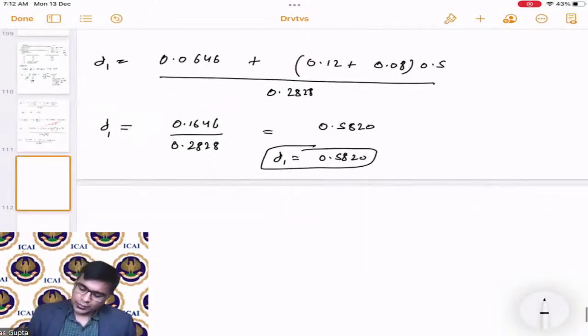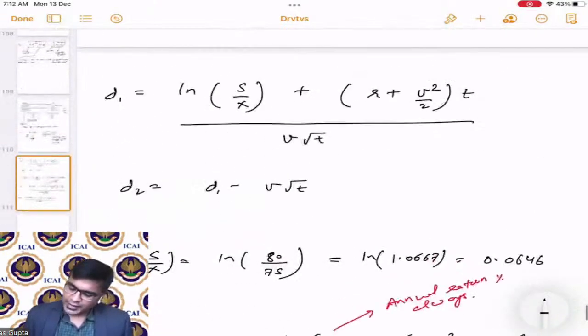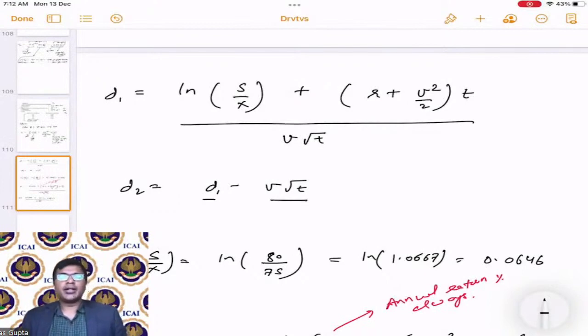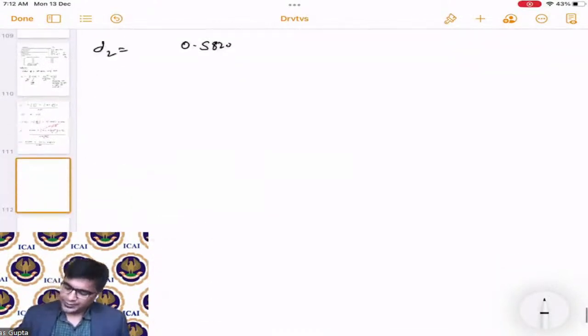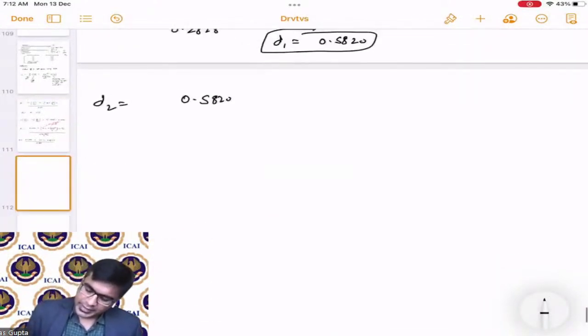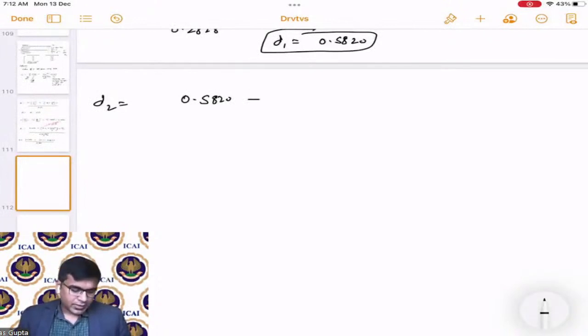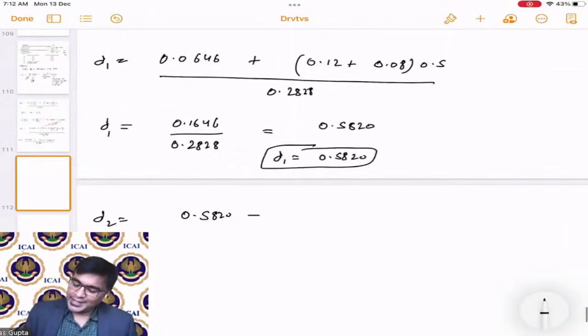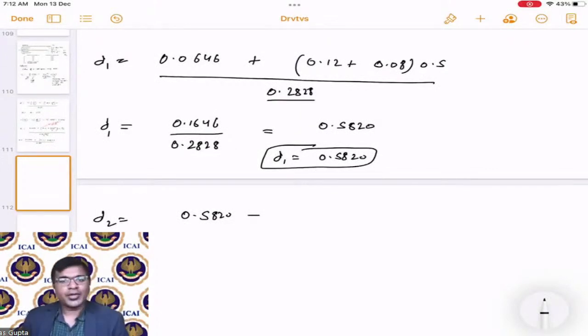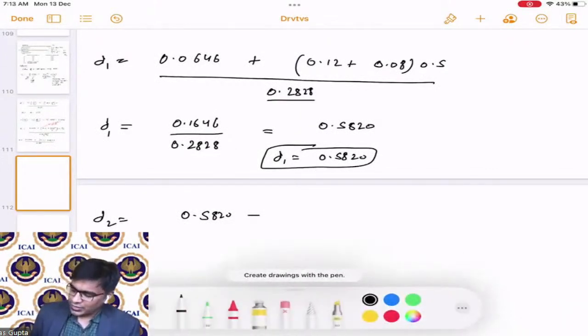Now what is D2? D2 we know is D1, which is 0.5820. We have put it here as well. What is D2? D1 minus standard deviation under root T, the same denominator that we have used in D1, correct? Because that is also standard deviation under root T, correct?